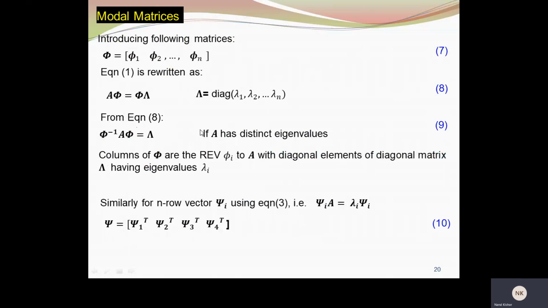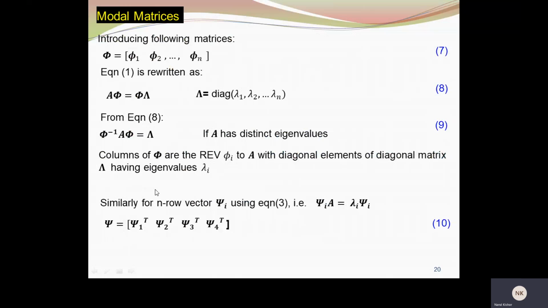If A has distinct eigenvalues, this term will always satisfy this relationship. The columns of phi are the right eigenvectors, and thus phi_i times A gives the diagonal matrix with elements lambda_i. This is for column vectors.